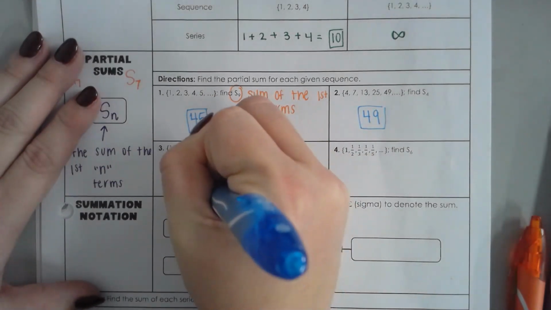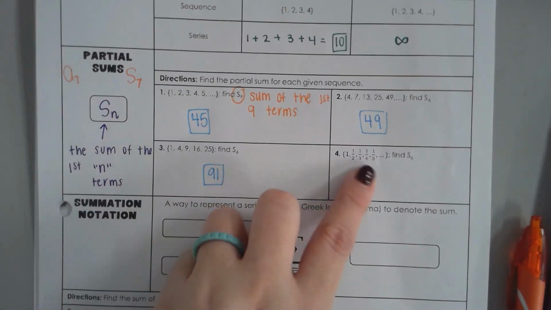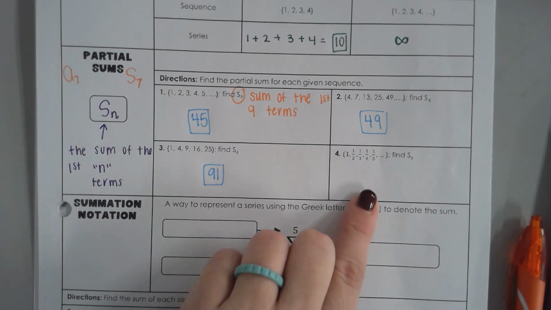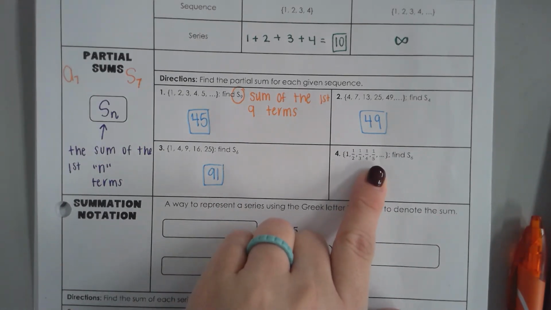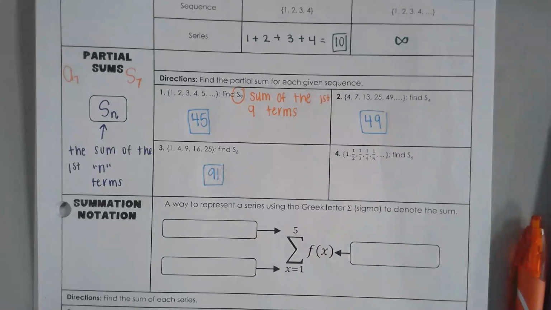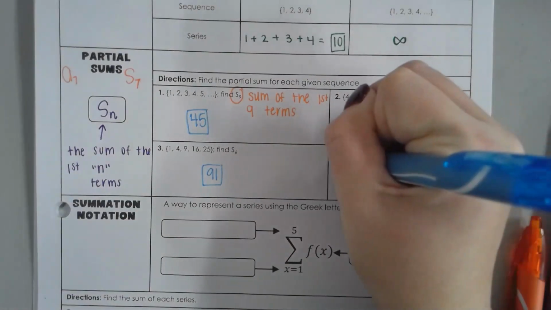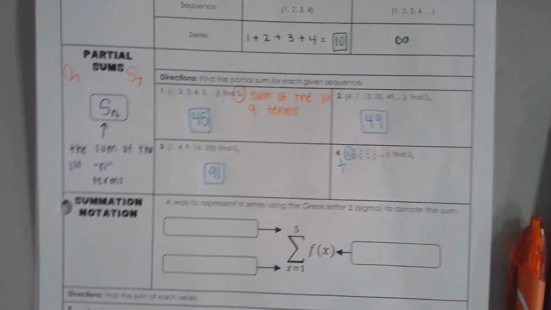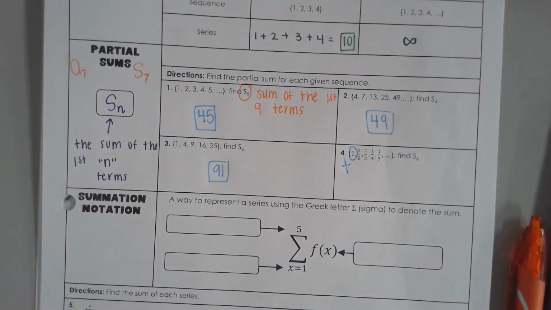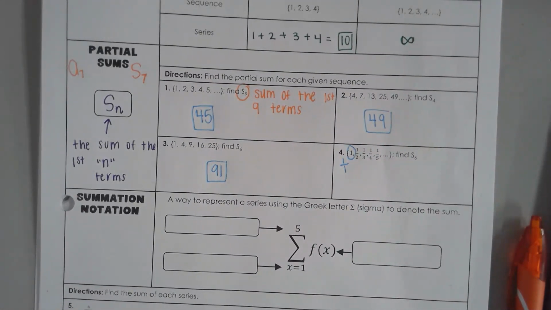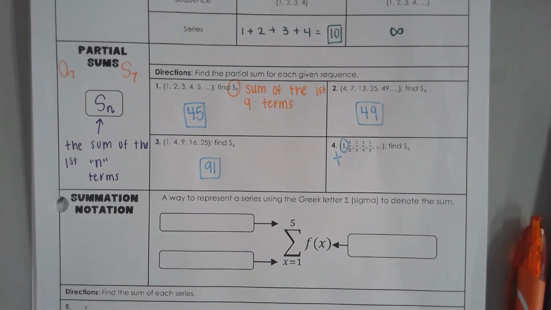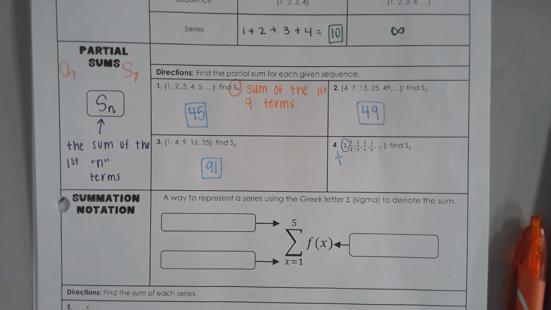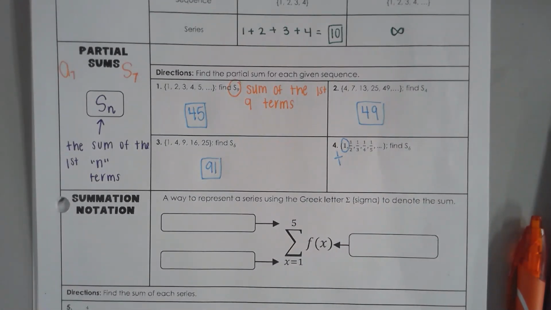And what do you get when you add all of those? 91. And then number 4, what's the pattern that we see here? The denominator goes up by 1. So this, just 1, is technically 1 over 1. So you have 1 over 1, 1 over 2, 1 over 3, and so on. Now, of course, that one is going to take longer to type in because you're having to type in fractions. Has anybody figured it out yet? It can't be more than 2.